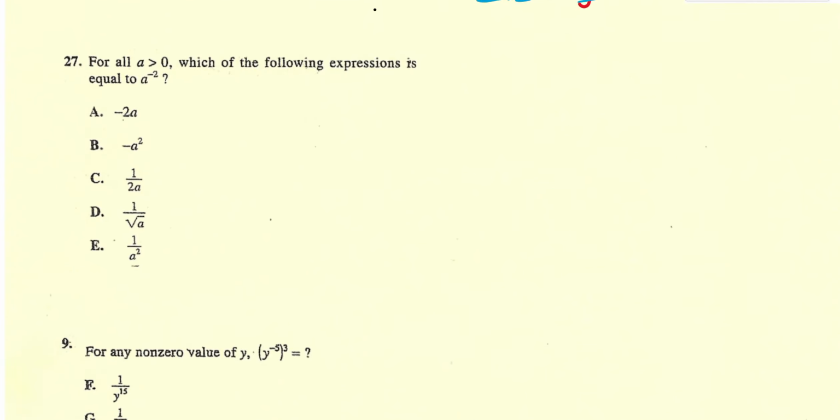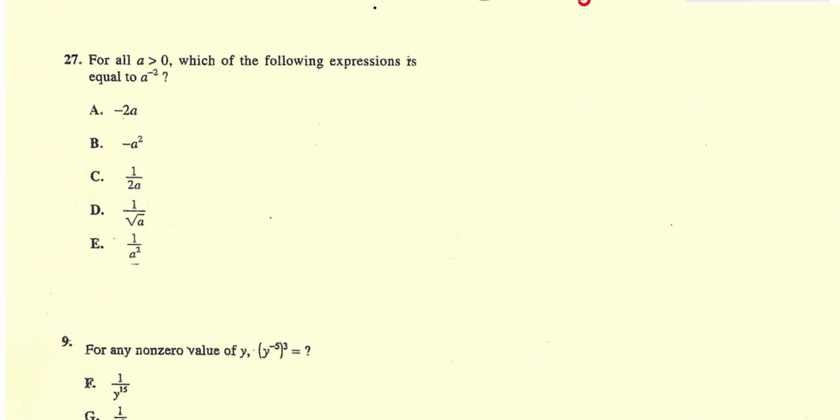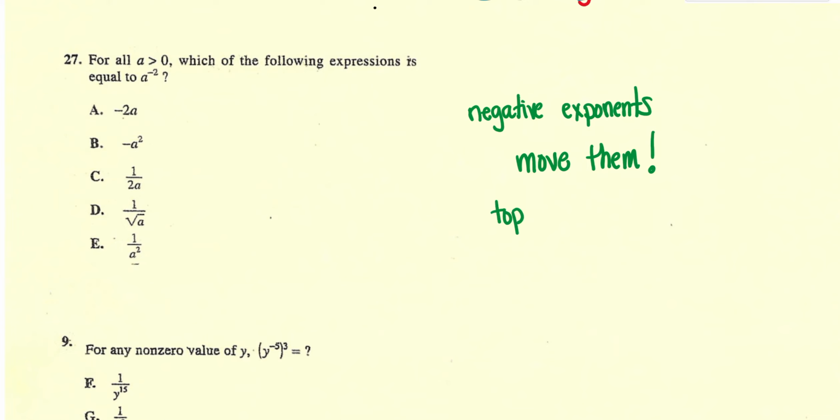All right, the last rule that we're going to talk about today is the rule for negative exponents. So when you have negative exponents, here is your rule. You are going to move them. What we mean by that is this. If it's in the top or the numerator, you're going to send it to the bottom or to the denominator.